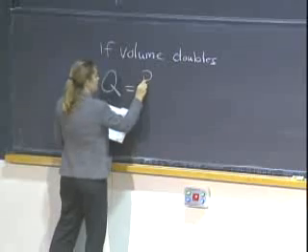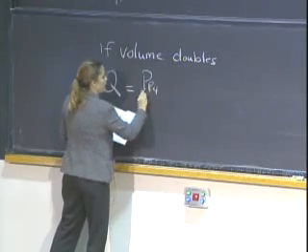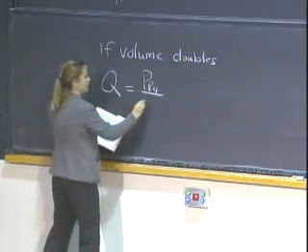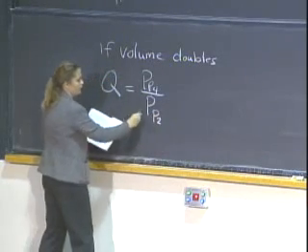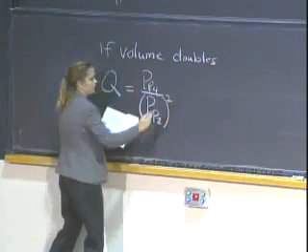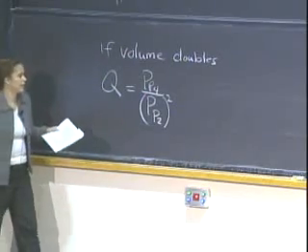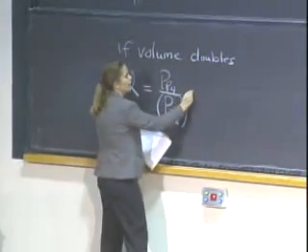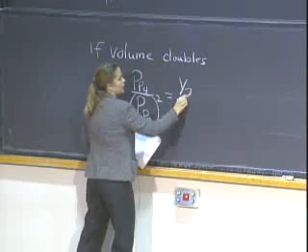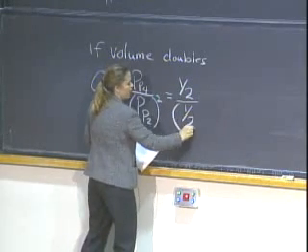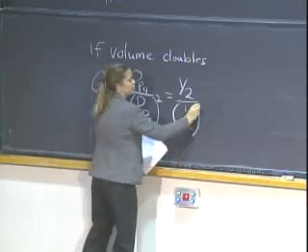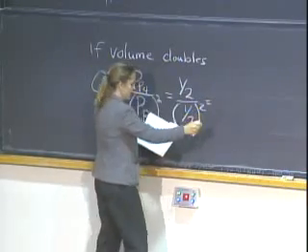Q is going to equal the partial pressure of the products over reactants, and the reactant is the partial pressure of P2, and again with the stoichiometry, that's squared. So if the volume doubles initially, the partial pressure will be half for the products, and also half for the reactant P2, and that's squared.